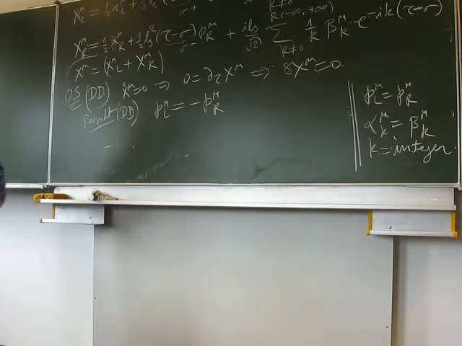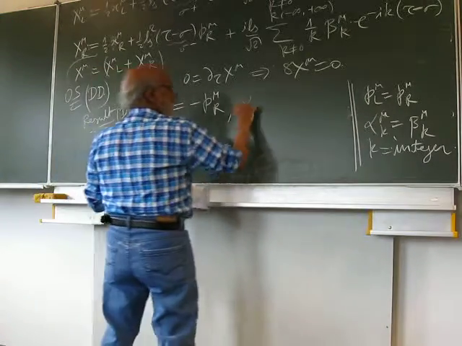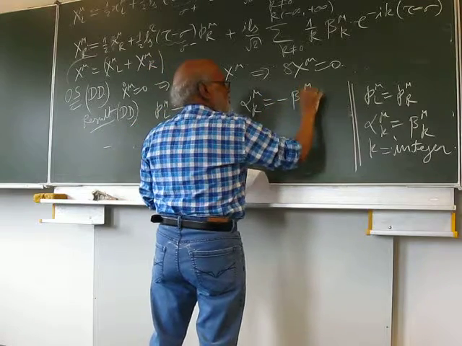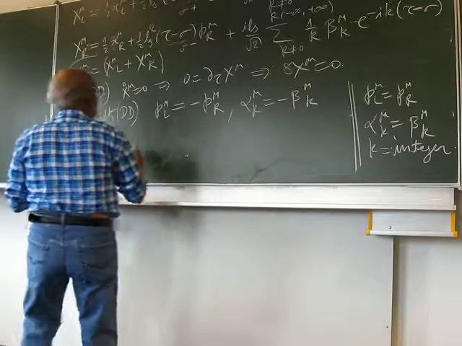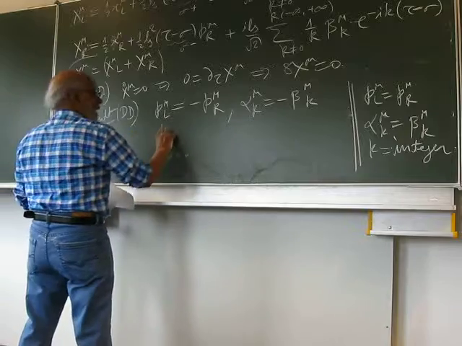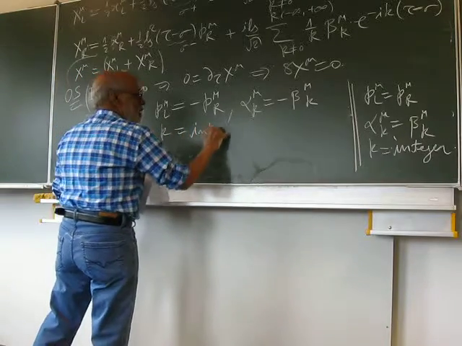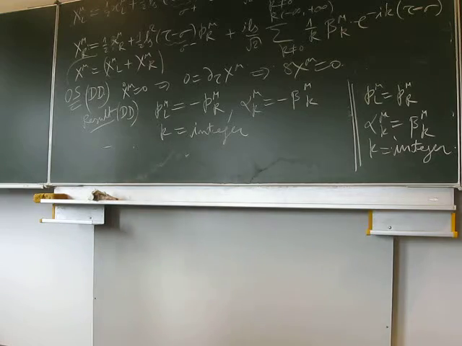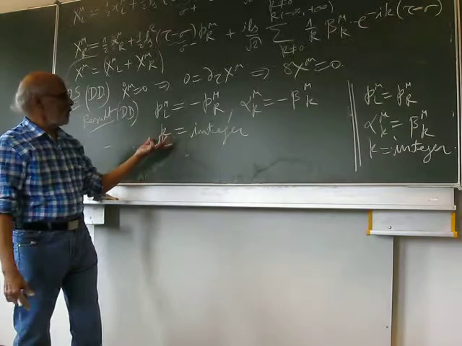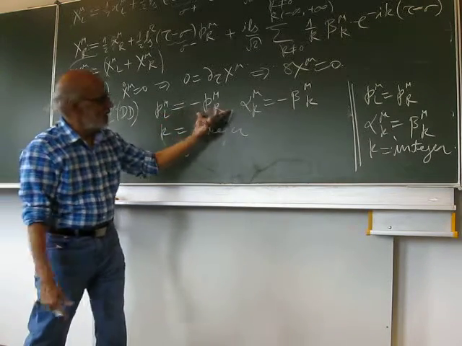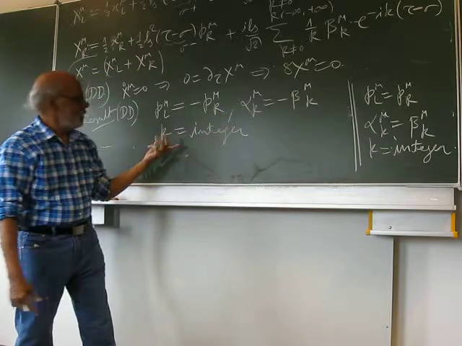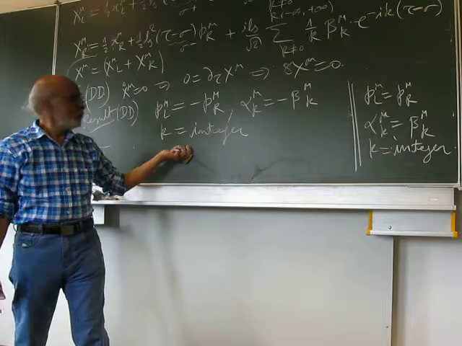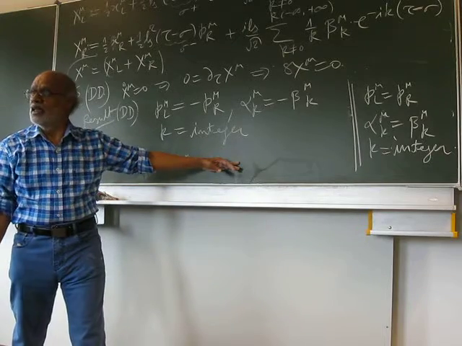This is one outcome, and alpha K mu is minus beta mu K, and when you apply it at the other end, so these are the two net outcomes. That at one end you get this and this, and by applying this Dirichlet boundary condition, you get k equal to an integer.